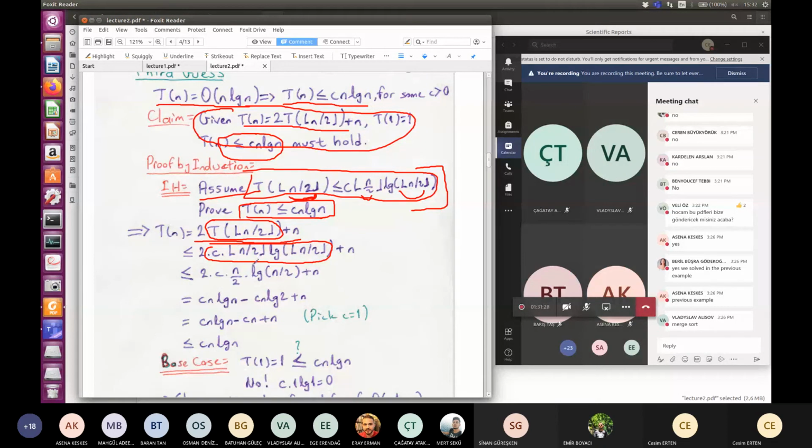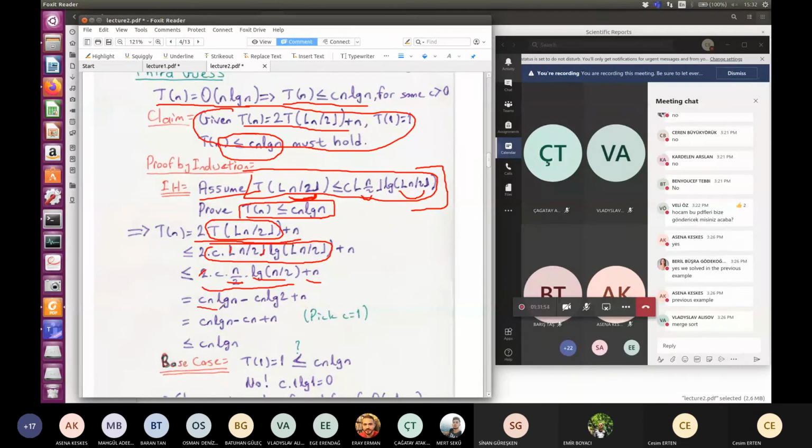Now, continuing with some simple math, what do we have? We can just forget about these floors because they are just some details. So now we have 2 times Cn divided by 2 log n divided by 2 plus n. The 2's will cancel. And remember that log of n divided by 2, we can write it as logarithm of n minus logarithm of 2.